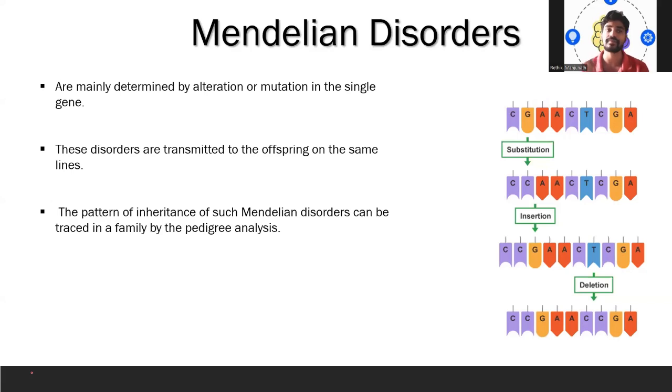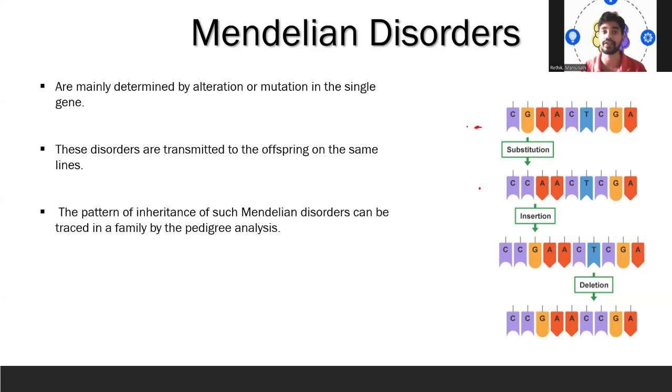When I'm talking about a Mendelian disorder, it is mainly determined by an alteration or a mutation in a single gene. Genes are present on the DNA.